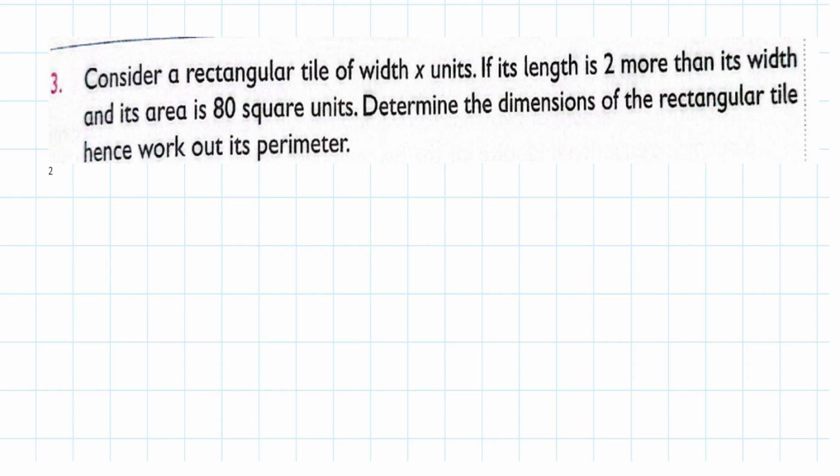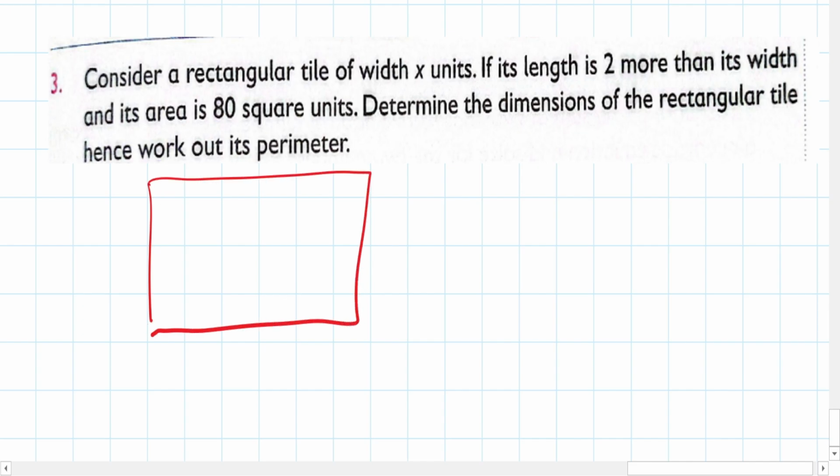Now, what if you have another question like this, where they tell you to consider a rectangular tile, which looks like this, which has a width of x units, and its length is 2 more than its width, so it's x plus 2, and the area is 80 square units.